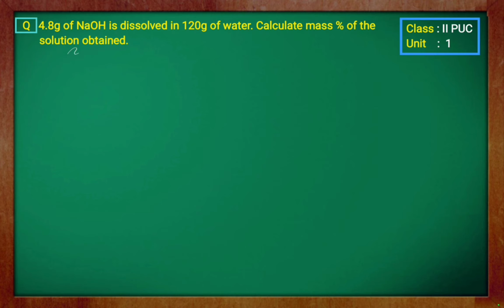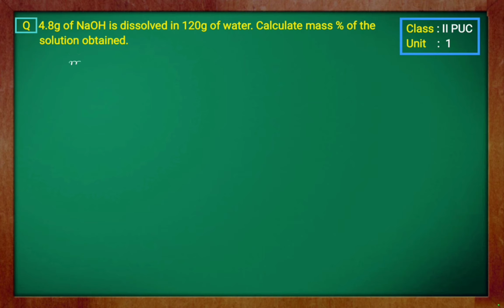Let us see a few examples on how we can determine concentrations of solutions. First example, 4.8 gram of NaOH is dissolved in 120 gram of water. Calculate mass percentage of the solution obtained. So we are given the mass of sodium hydroxide as well as water, and we are preparing a solution by dissolving that sodium hydroxide in water.